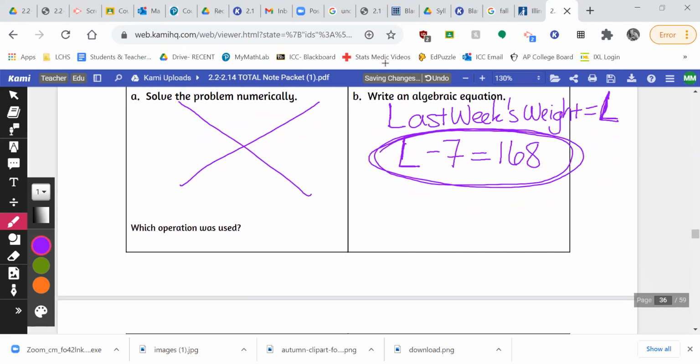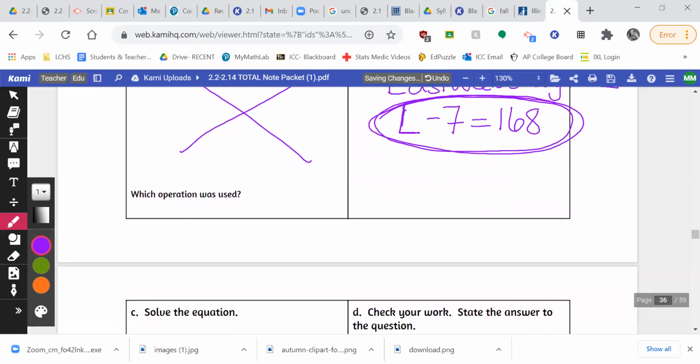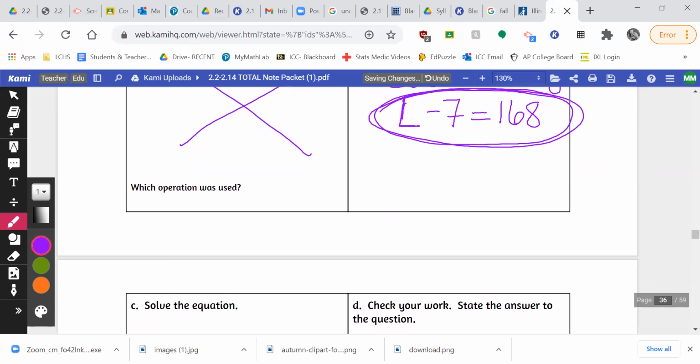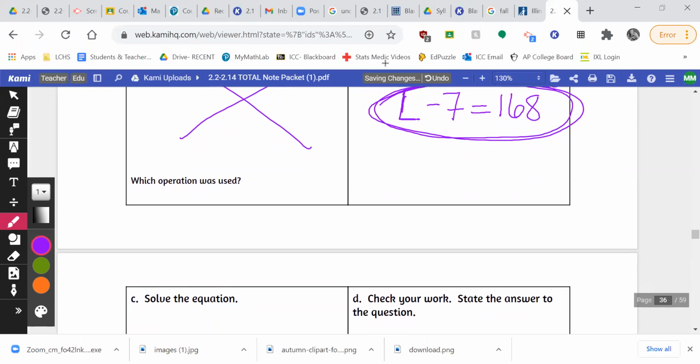We're going to go ahead and solve. So on the next page, you guys have C, which is just to solve the equation. So you're going to have L minus 7 equals 168. And then you're going to solve it by adding 7 to both sides.